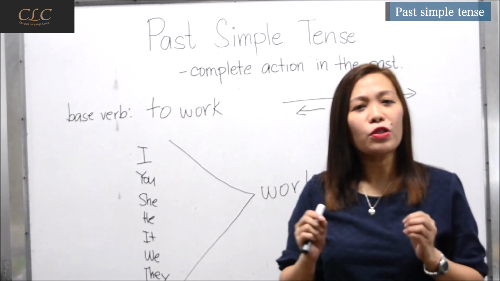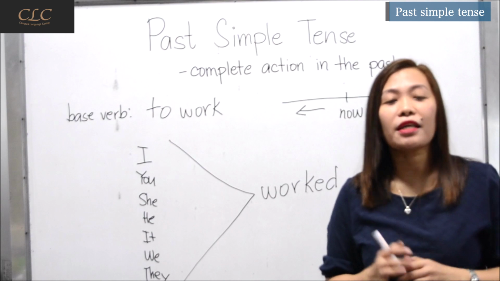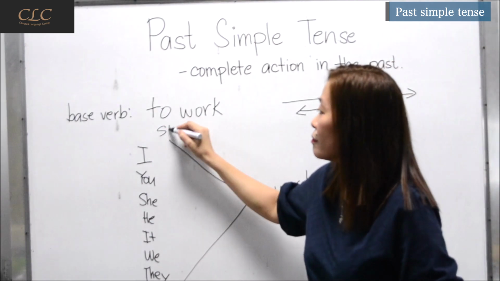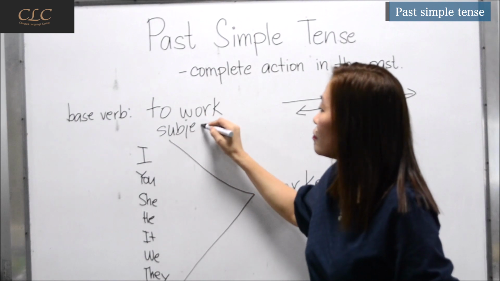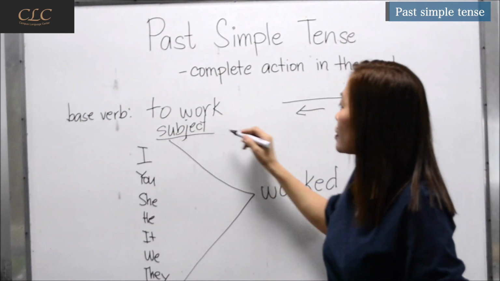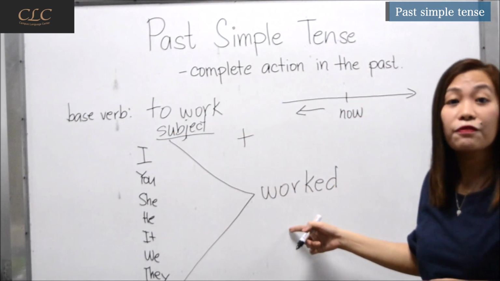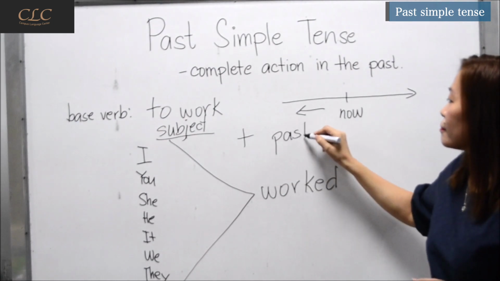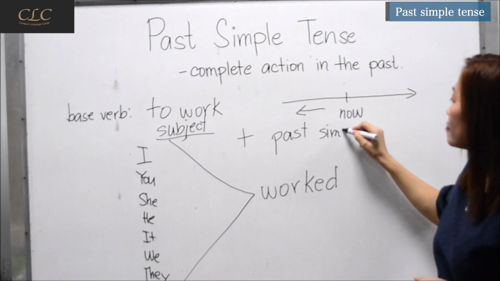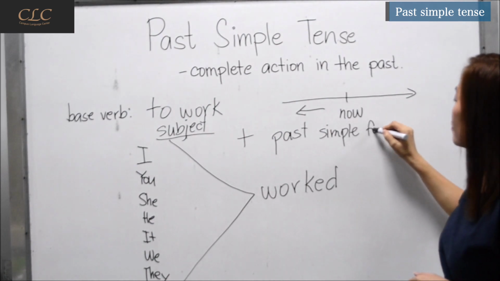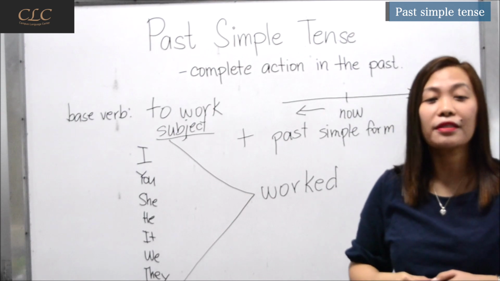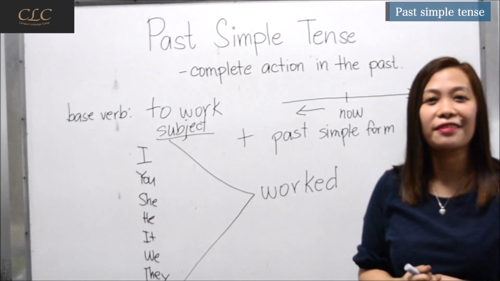Now, if you want to look at it in more detail, you can see that this is the subject, and then the verb in the past simple form. So that's it. That's how you use the past simple tense.